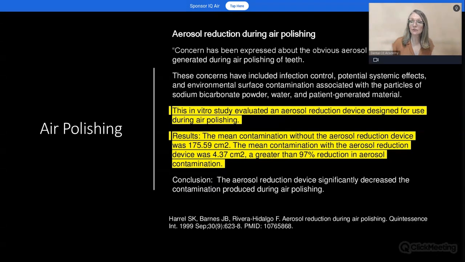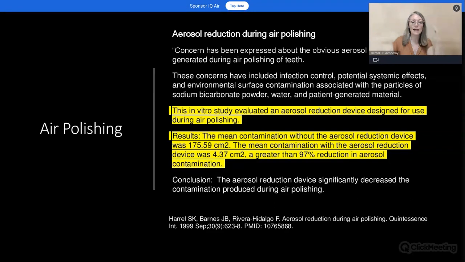Okay, air polishing. Many of you perform air polishing in your practices, and the concern here is that the aerosol cloud that is emitted during air polishing can be quite hazardous. The concern is systemic effects and infection control, if you have environmental surface contamination because of the contaminated particles: sodium bicarb powder, water, and also organic material from the patient and inorganic material.